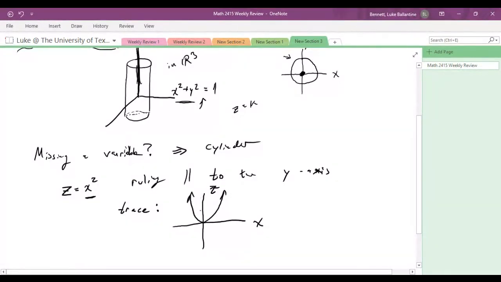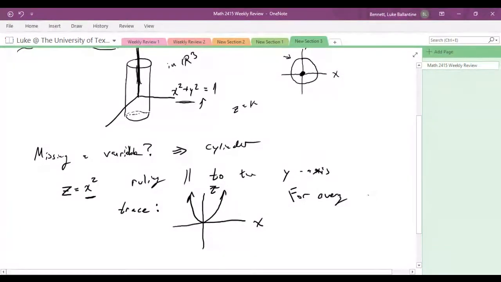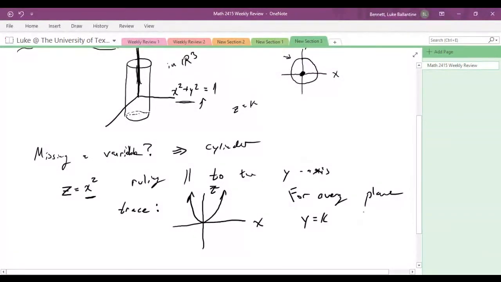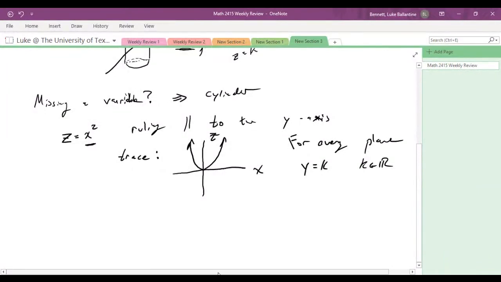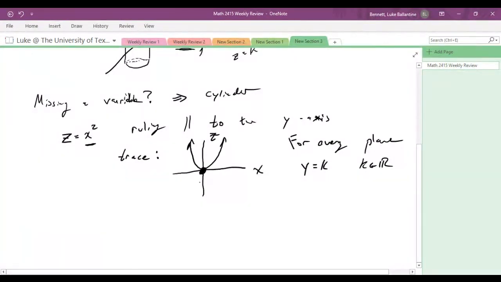Okay, but now for every plane y is equal to k, where k is a real number, we're going to have this impression left on the plane. Now, so the y-axis would be like right here. If I was to stick my pencil right here and sticking out of the screen towards me, that would be the y-axis.